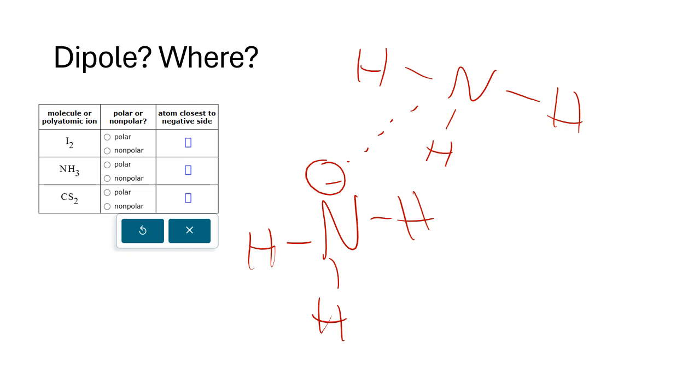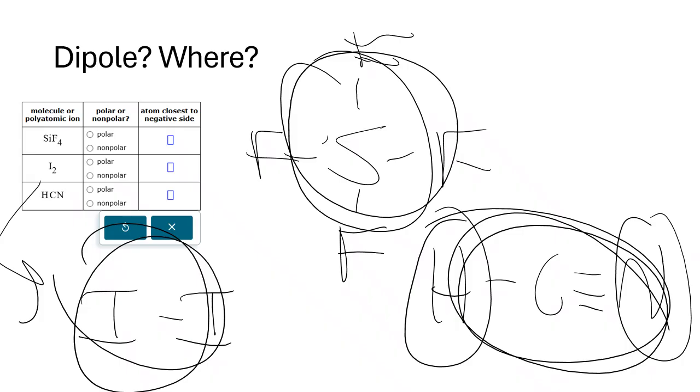I probably want to make it look like it's going from a hydrogen, positive there. So that dotted line here is where that dipole would be. So yeah, looks good to me.